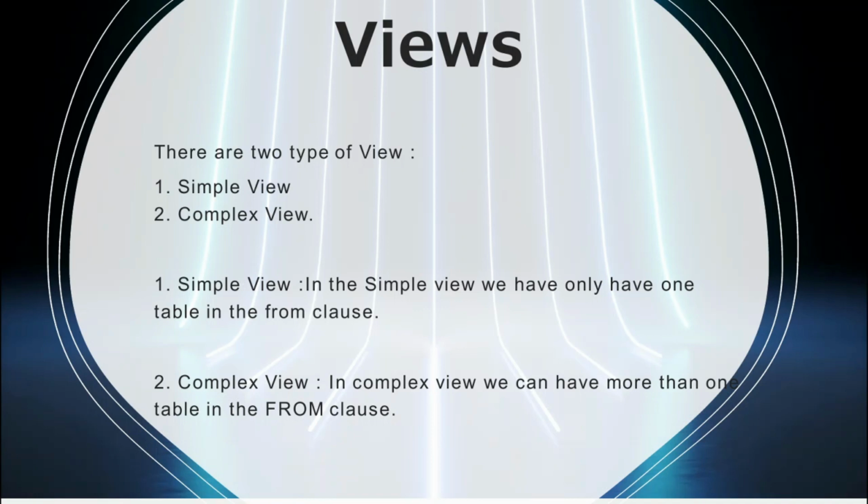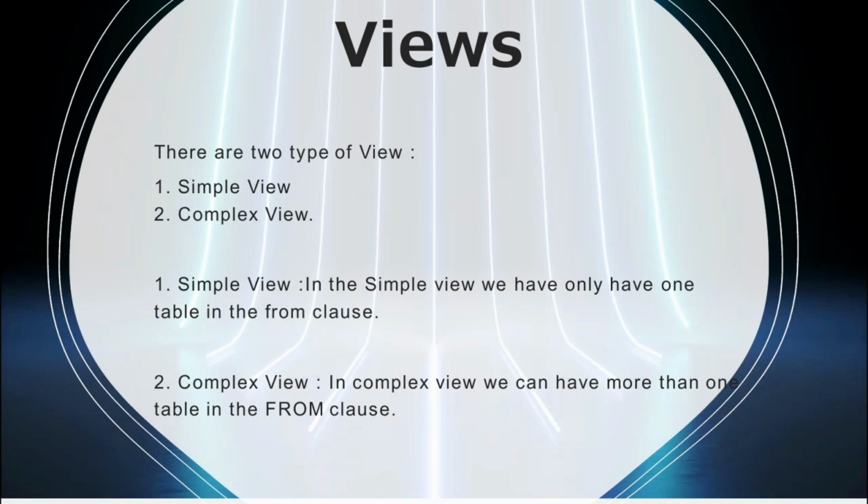What is a complex view? In a complex view, we can have more than one table in the from clause, and we have joining conditions in the where clause. That is known as a complex view because it has been created with a combination of two or more tables.